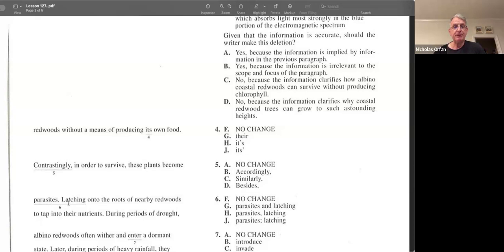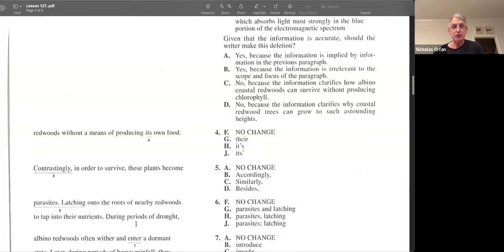These plants become parasites, comma, latching onto the roots of nearby redwoods to tap into their nutrients. So this is clearly wrong. Let's go over here and find it, comma, there it is, latching. This is the dependent clause. So the right answer to 6 is H. Okay. So comma, latching onto the roots of nearby redwoods to tap into their nutrients, period.